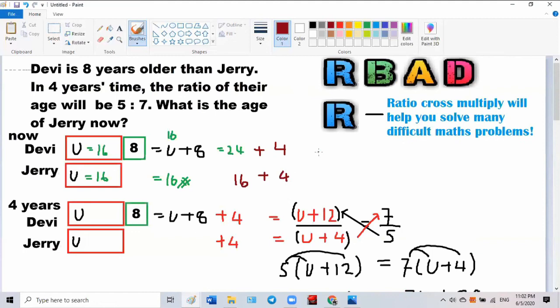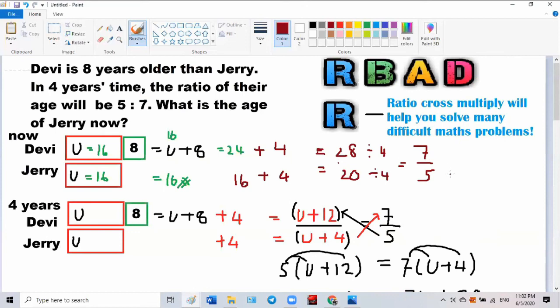That would be 28 for Davy and 20 for Jerry, which, if you divide by 4 on each side, will have the ratio of 7 on top and 5 below, which exactly corresponds with our question here.